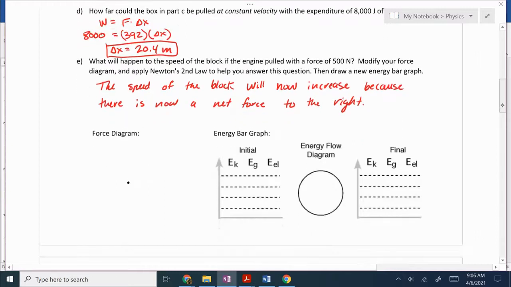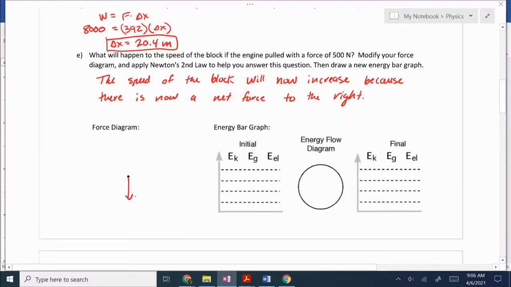If we draw the force diagram for that, gravity will be the same. Normal force will be the same. Force of friction will be the same, right? But now we have T equals 500 newtons over here. So we see that we have a bigger force to the right that's going to cause this block to accelerate to the right.